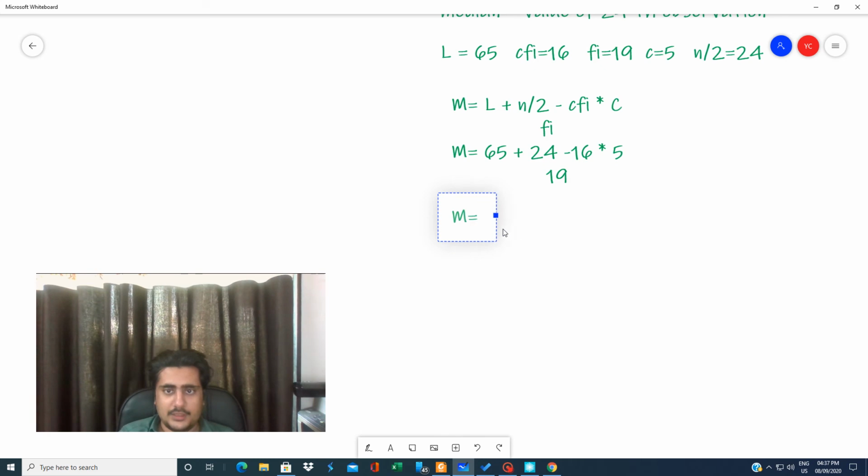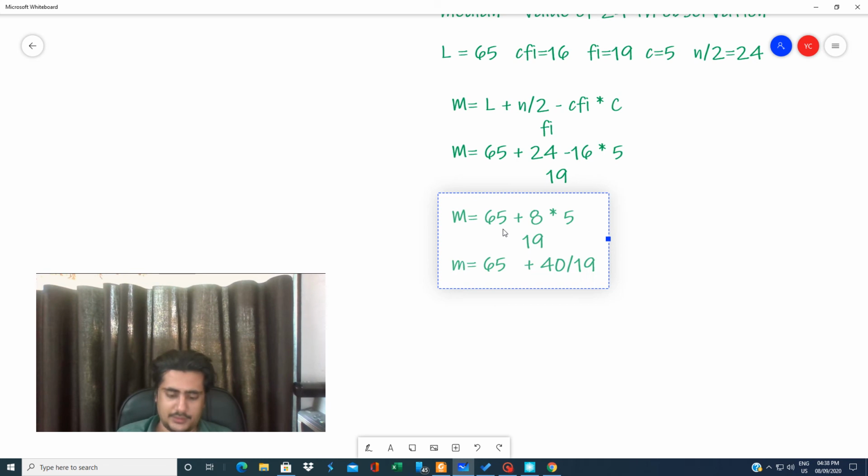So your median is equal to 65 plus... Now what is 24 minus 16? It's 8, and 8 into 5 upon 19. So your median is equal to 65 plus 40 upon 19.